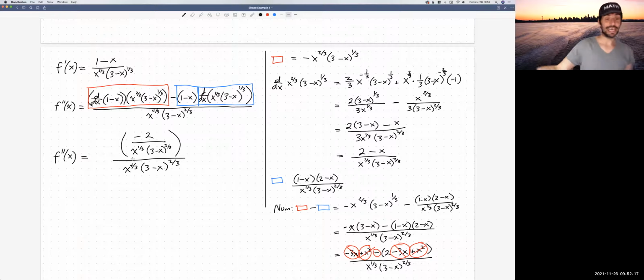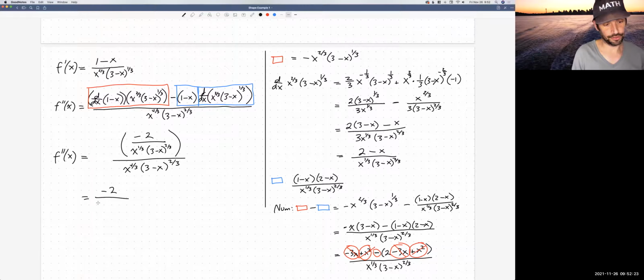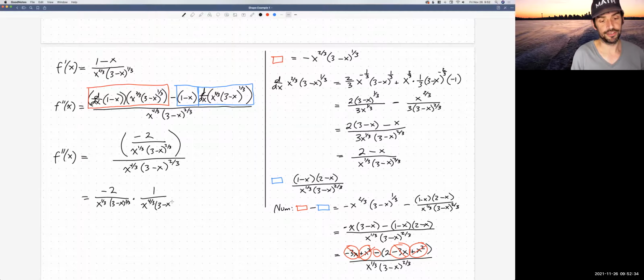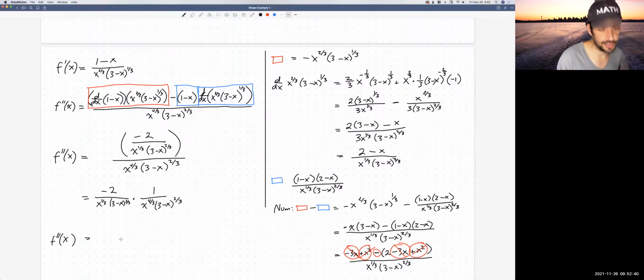Okay, last step, let's not have a compound fraction. This is ugly, so this is negative 2 over x to the 1/3 times 3 minus x to the 2/3 times 1 over x to the 4/3, 3 minus x to the 2/3. And finally, we can combine all those powers in the denominator.